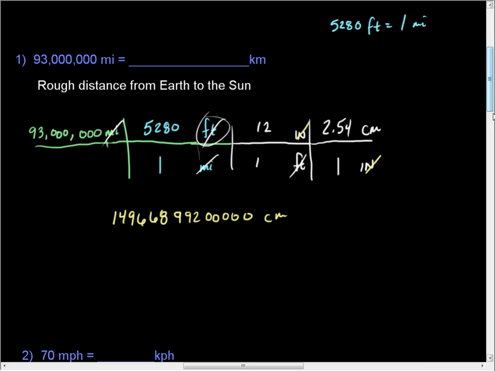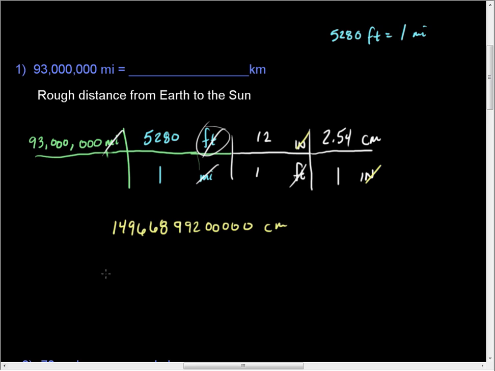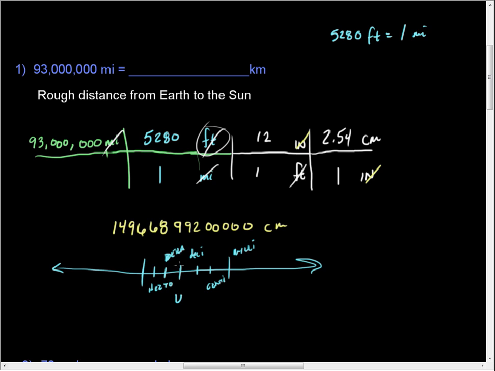However, I don't want to be in centimeters, I want to be in kilometers. So I've got to convert centimeters to kilometers. I'm going to take my continuum here, units, and I go 1, 2, 3. This gives me deci. This gives me centi. And this gives me milli. All right, 1, 2, 3 gives me deca, capital D-E-K-A, hecto, H-E-C-T-O, and kilo, K-I-L-O.